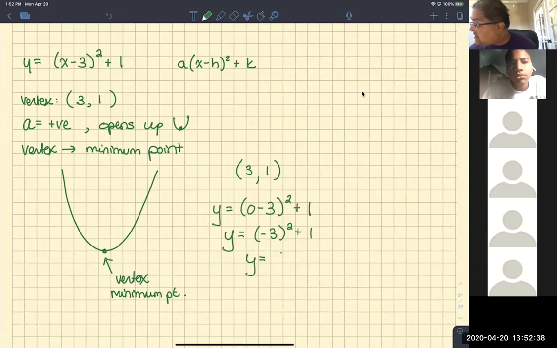Negative 3 squared is 9. So my y is 10, which is a lot larger than 1, okay? Does everyone see that? Even though I plugged in an x that's smaller than 3, my output is a lot larger than 1.